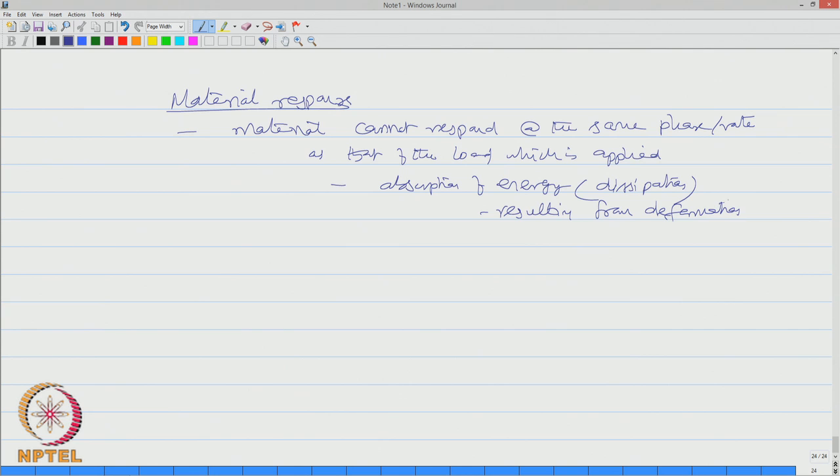So, there is always a variation between the rate at which the material responds compared to that of the load applied rate.